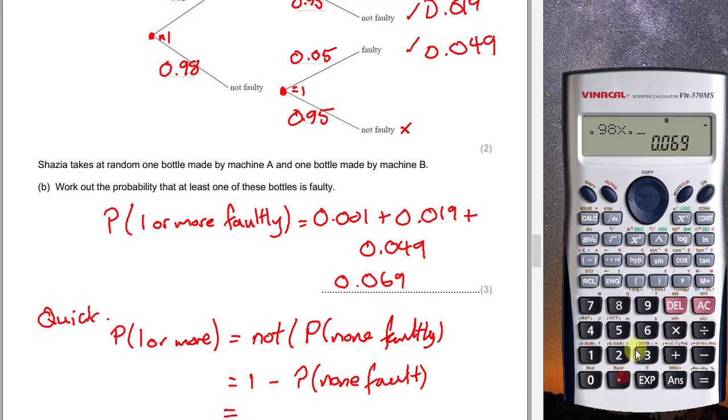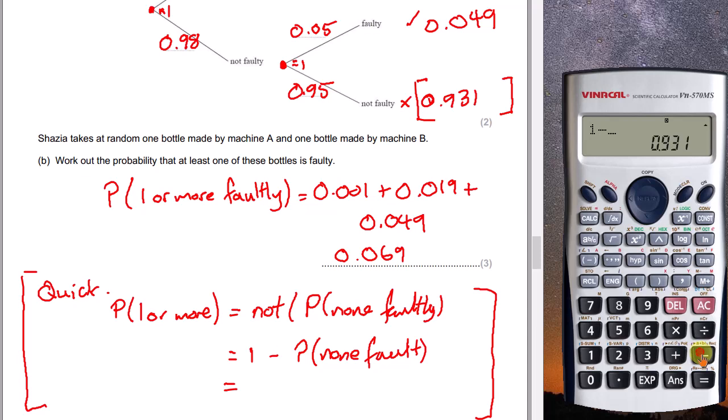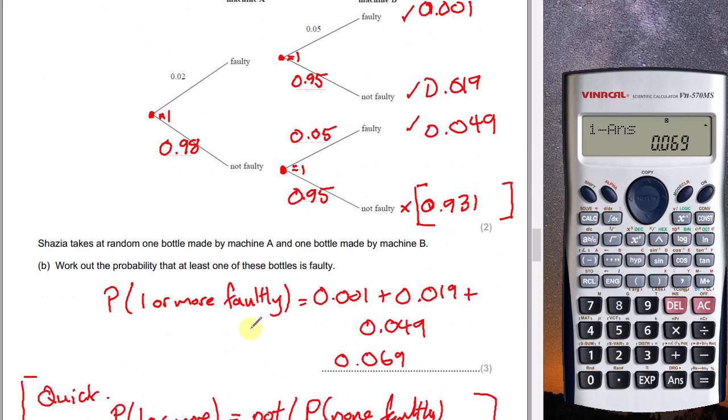So put this in a square bracket. That's 0.931. So 1 minus that number is 0.069 again. And that's how you can get through in a quick way as well, by reversing the logic.